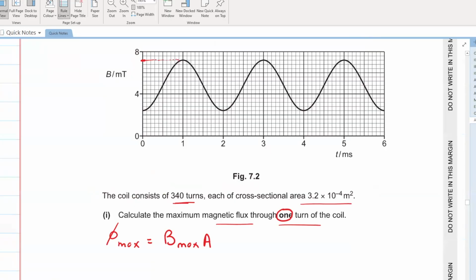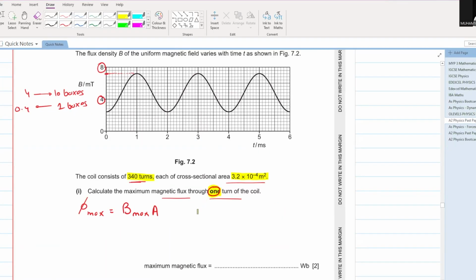This is also important. You are going from 4 to 8, covering 4 units in 10 boxes. One box will cover how many units? You have to calculate the maximum magnetic flux through one turn of the coil.